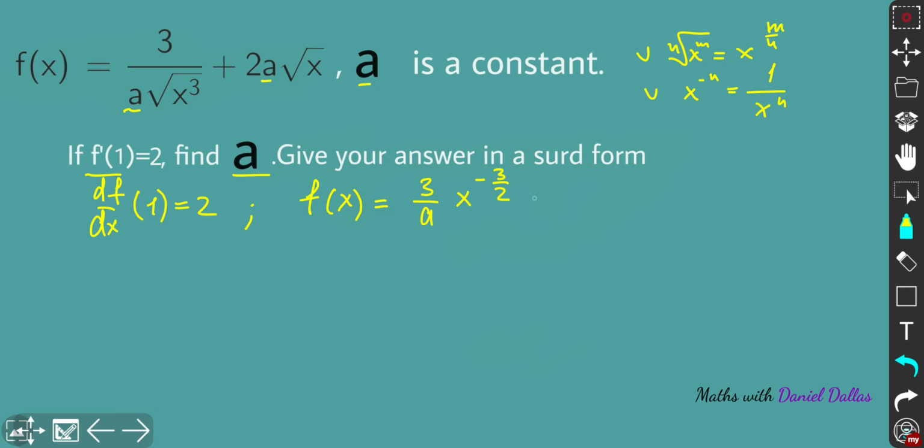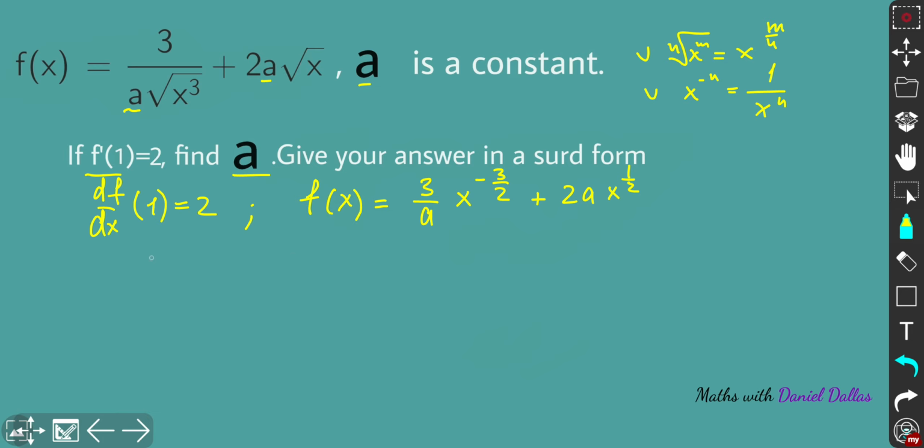So I use that, and I also add 2a, and x is going to be to the power 1 over 2. All right, so now I have the general structure, sort of polynomial structure. However, it has some negative and fractional powers. I'm not afraid of that, because actually this is what you need. So that's the general form that you need to get first of all.